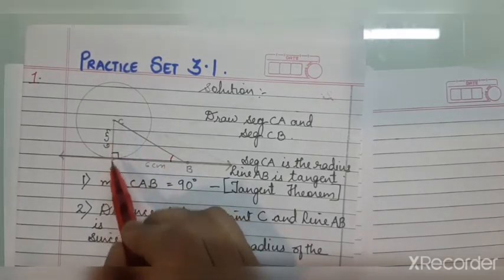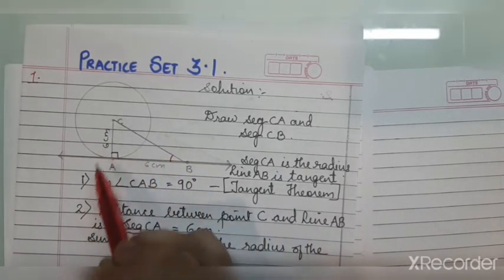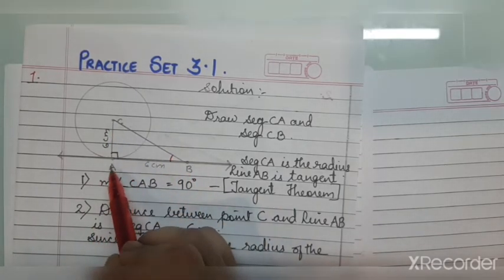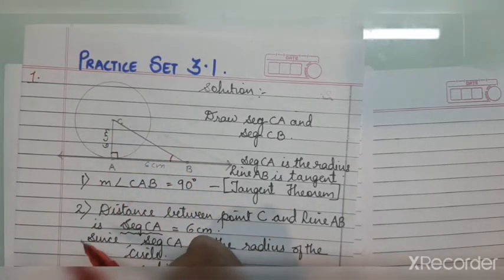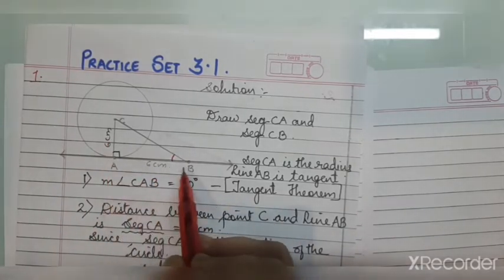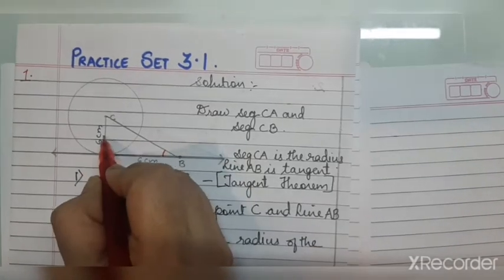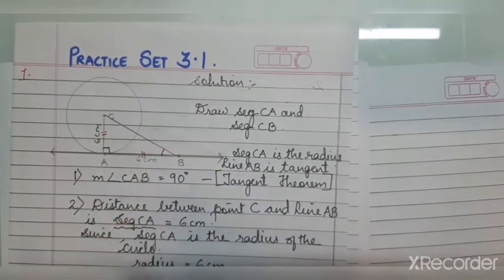Okay, any two angles we know, we can find the third angle. Now, if you look at this particular triangle, CA is 6 centimeter and AB is also 6 centimeter. Correct? Now, this particular triangle CAB, which is a right angle triangle, is also an isosceles triangle because CA is 6 centimeter and AB is 6 centimeter.